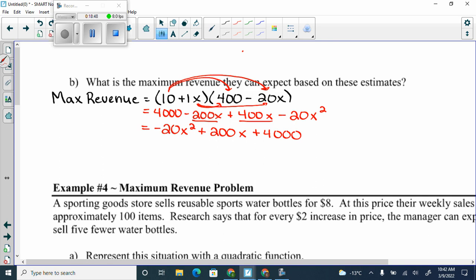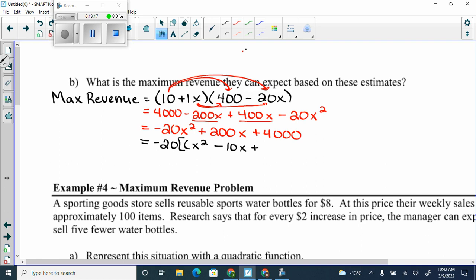Okay? So what's our first step for completing the square? We take our coefficient out of the first two terms. So we're going to go negative 20, square bracket, round bracket. Negative 20 out of negative 20x squared is x squared. 200 divided by negative 20 is negative 10x. Then I add a blank every single time.